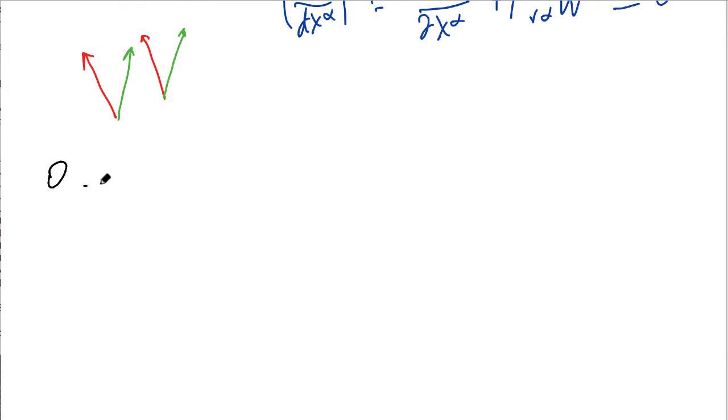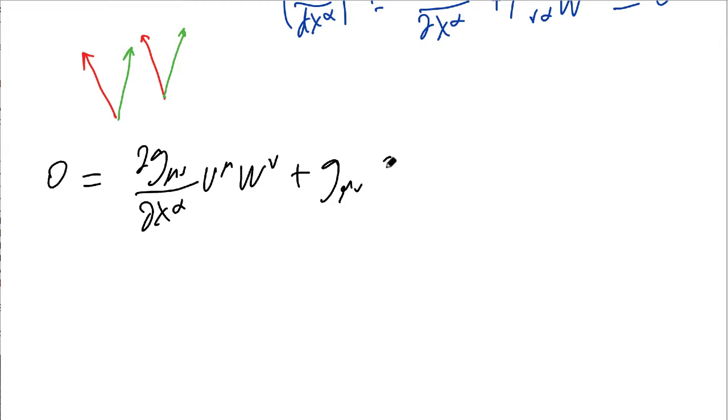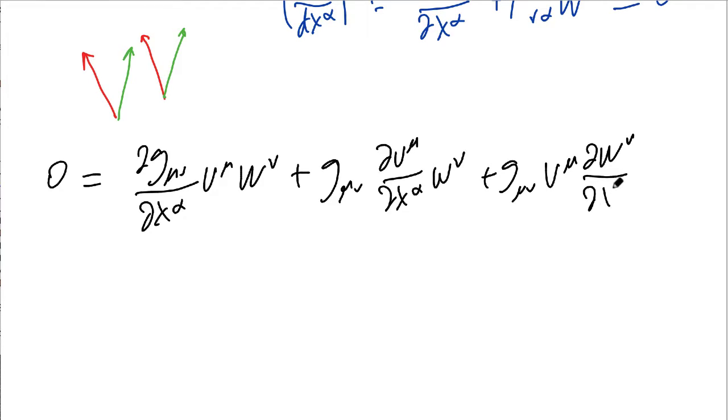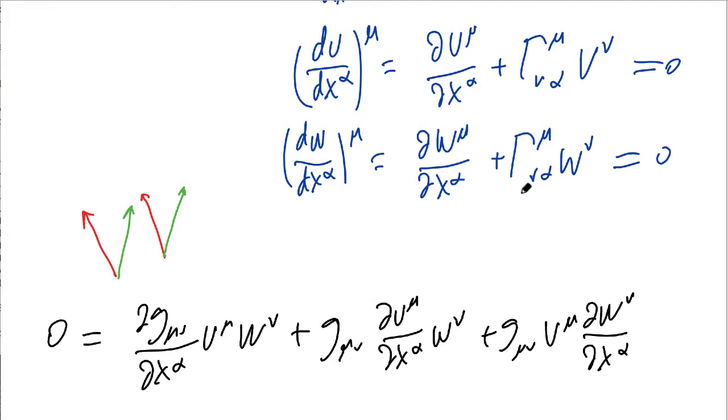We have 0 from the left-hand side equals partial g mu nu with respect to x alpha v mu w nu plus g mu nu partial of v mu with respect to x alpha times w nu plus g mu nu v mu partial w nu with respect to x alpha. And now we'll replace partial v mu with respect to x alpha with minus gamma mu alpha.